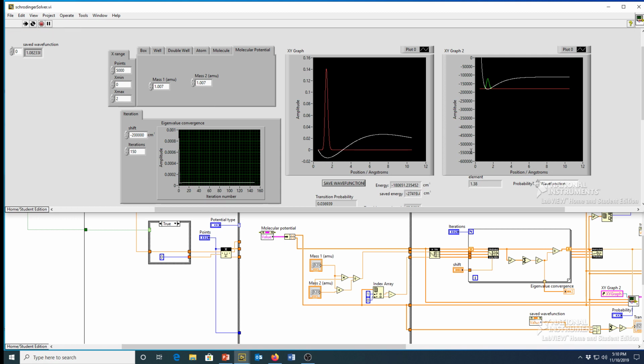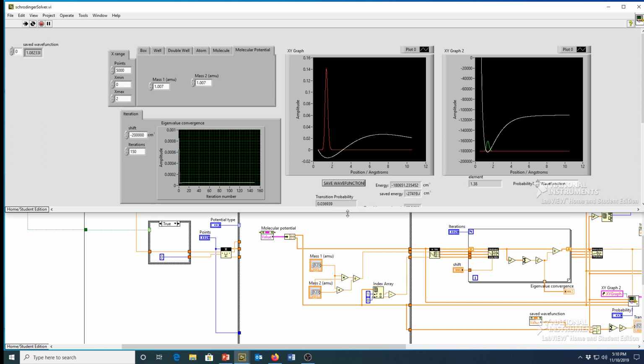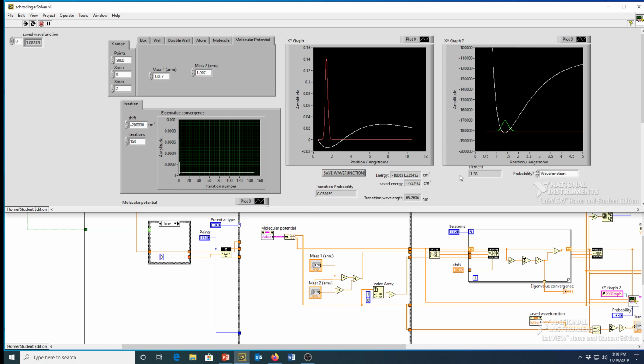So let's zoom in. You see we are displaying our potential here. Negative 100,000 should be a good range. I'll zoom in a bit on the x-axis as well. Okay, so there's our V equals 0 energy level.